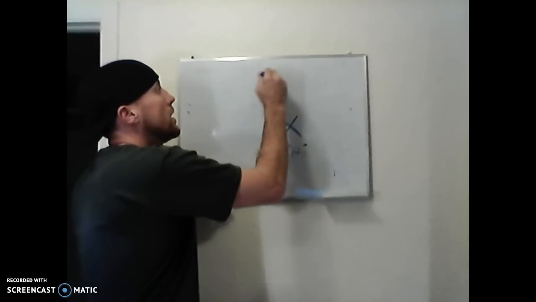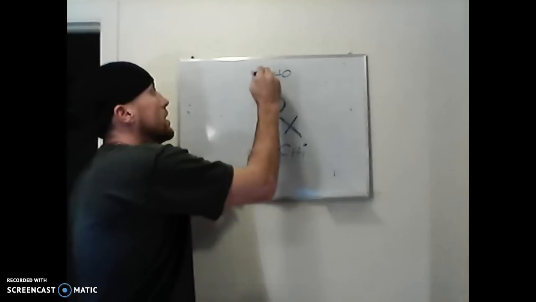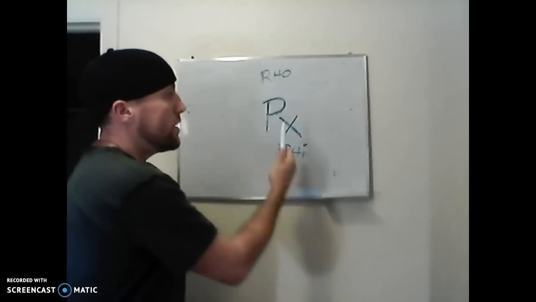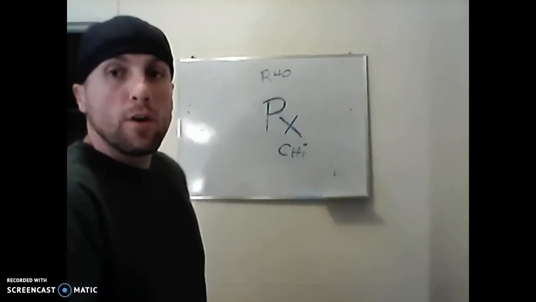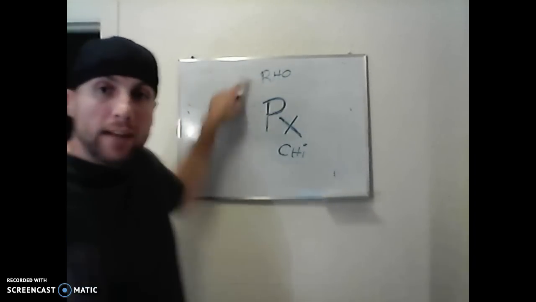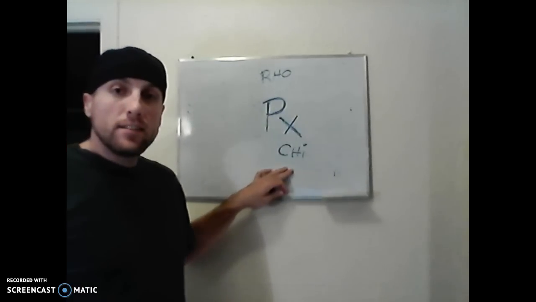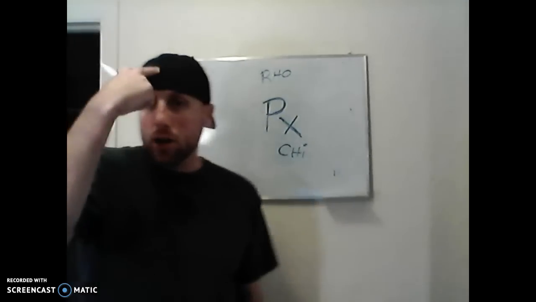R-H-O. Hope you can see it. Sorry if you can't. So from left to right, we have rho and chi. Now, rho traces back to the word head, or to the picture head. Chi is a marker, so it's a mark on your head.